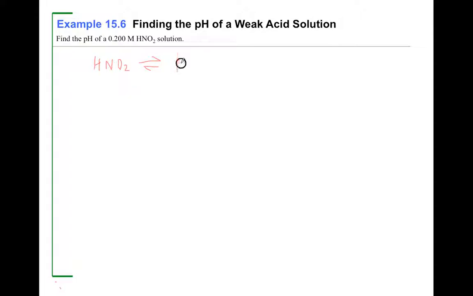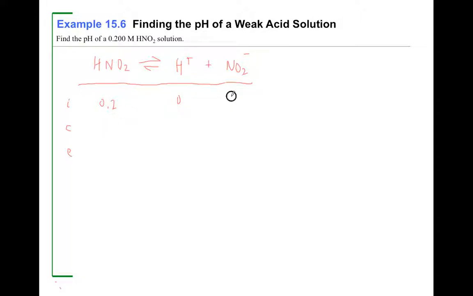It's in equilibrium with H plus and nitrite. ICE: initial 0.2. Change.